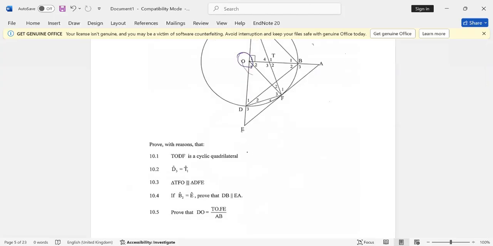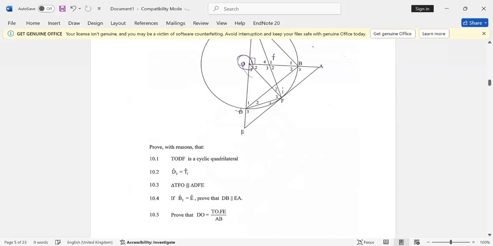So question number 10.1 is that TODF, like this, we have a quadrilateral, all right? So it's a cyclic quadrilateral. Okay, we have to prove this with reason.